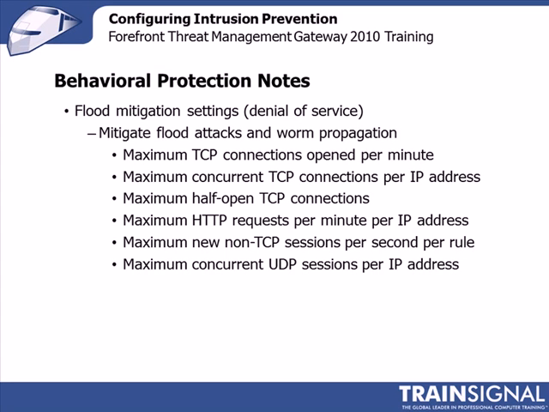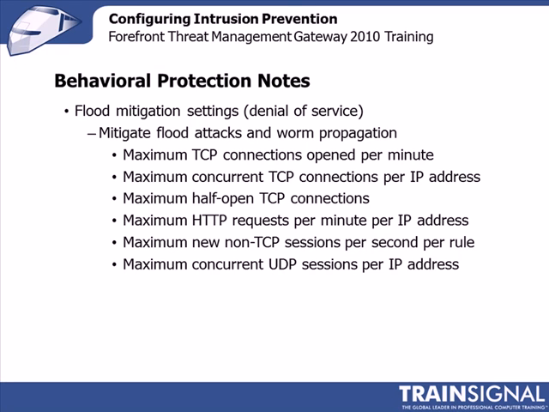You can mitigate flood attacks and worm propagation by configuring the maximum number of TCP connections open per minute. If you see connections start opening faster than that rate, Threat Management Gateway can take active steps to throttle or block the activity, because that's a sign that something could be taking place that's not supposed to happen. Again, that's a network behavior that Threat Management Gateway can help protect against.